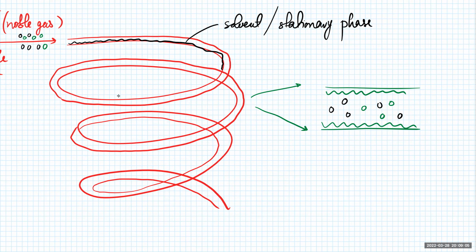Now what's going to happen is, one of the dyes is going to be soluble in the stationary phase, and one of them is going to be less soluble. So there's going to be a difference in solubility of the substance.